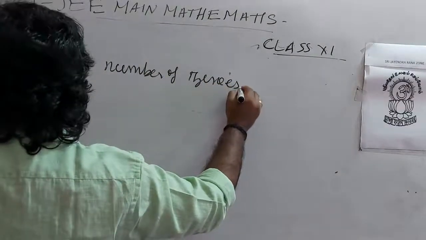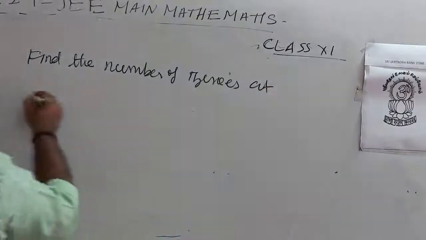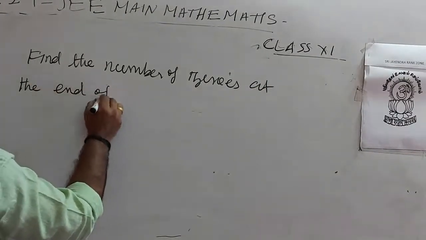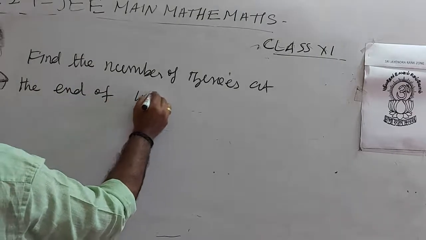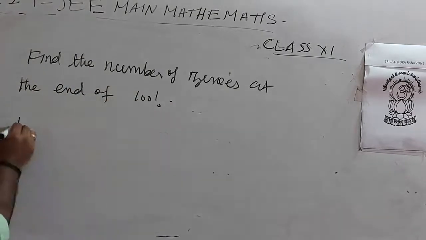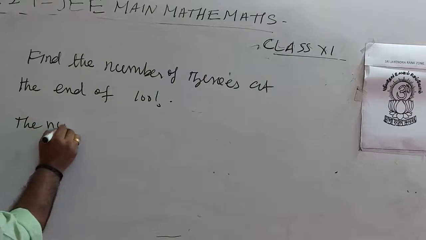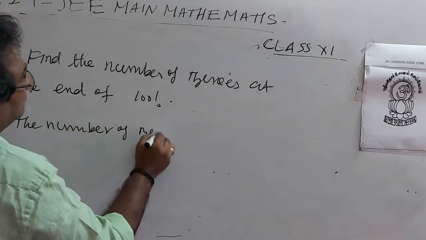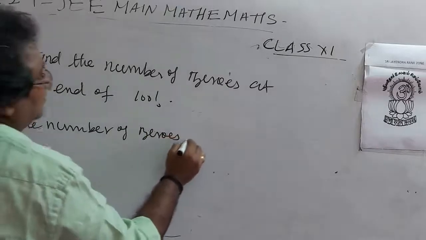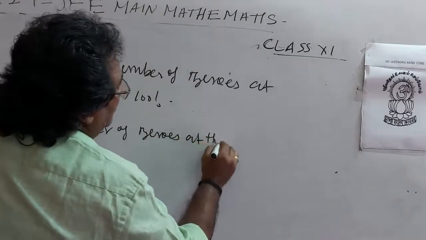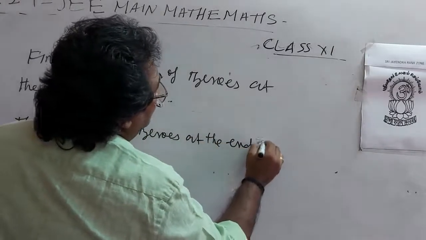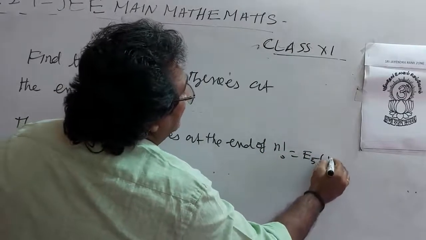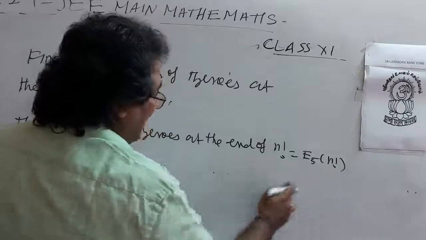Find the number of zeros at the end of 100 factorial. Number of zeros at the end of n factorial equals the exponent of 5 in n factorial.